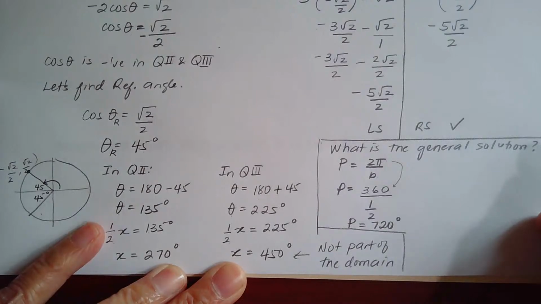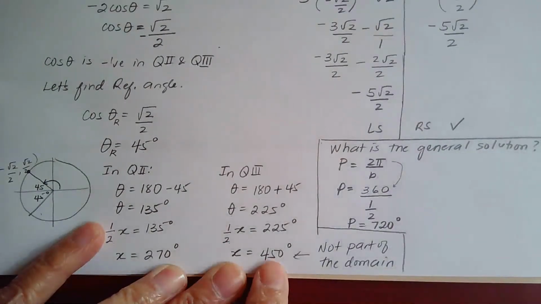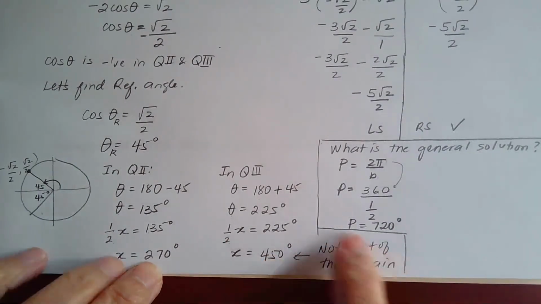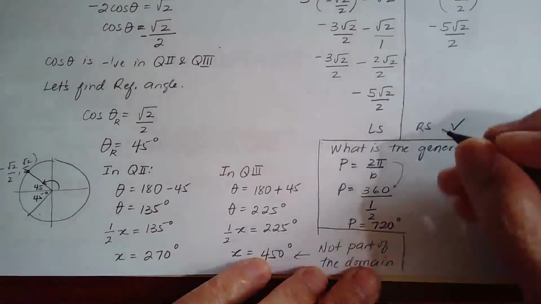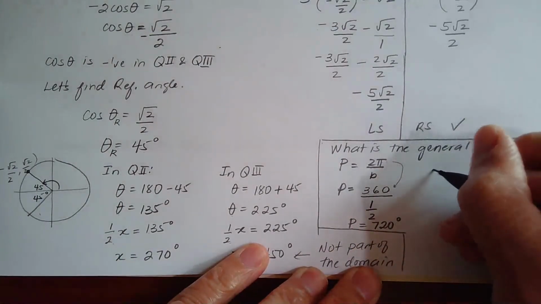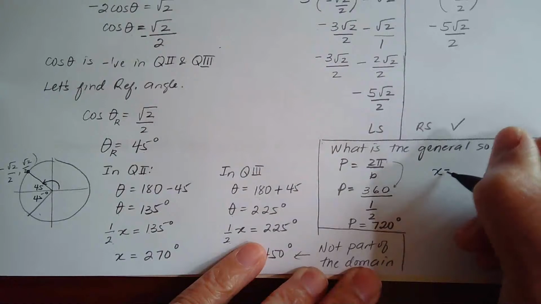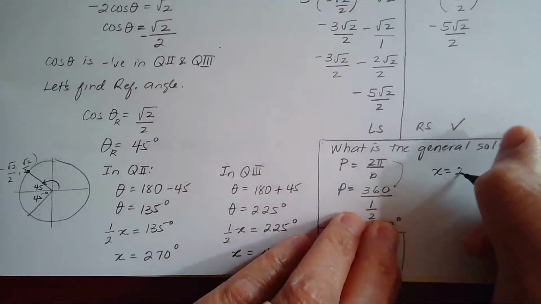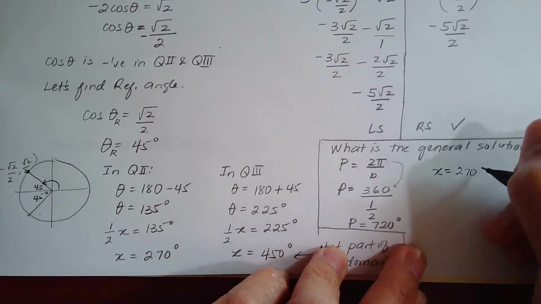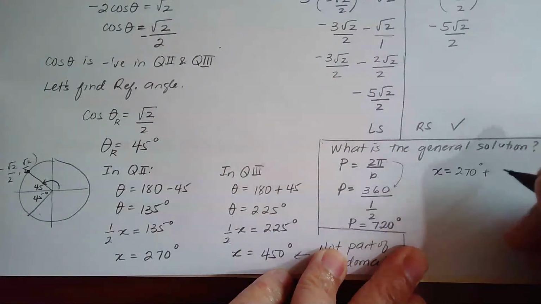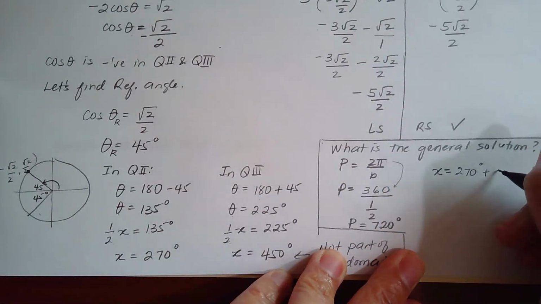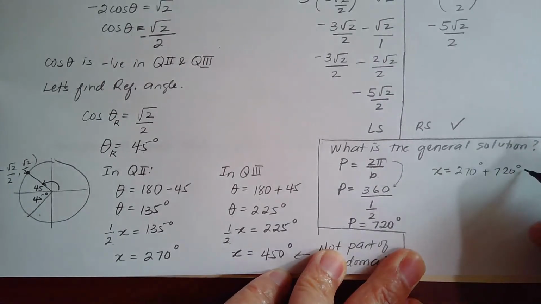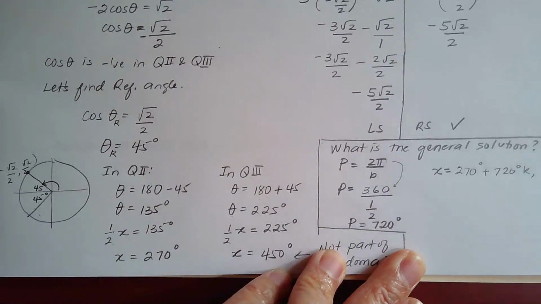So we have two possible solutions, right? And the one solution is 270 degrees. So that means x is equal to 270 degrees, of course, plus 720 degrees times k, where k is an element of the integers.